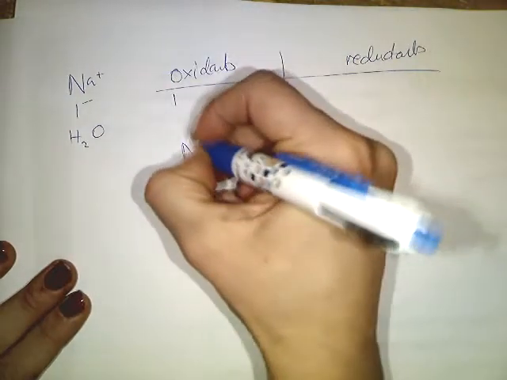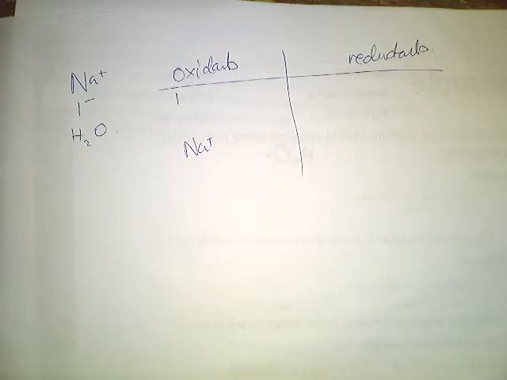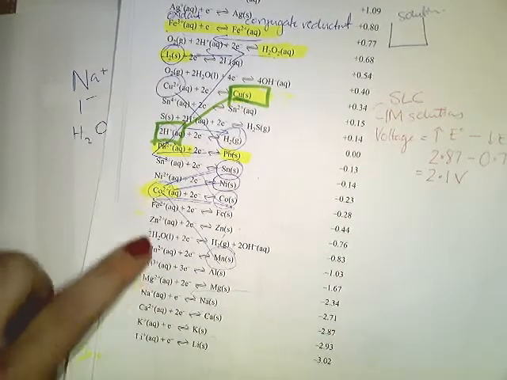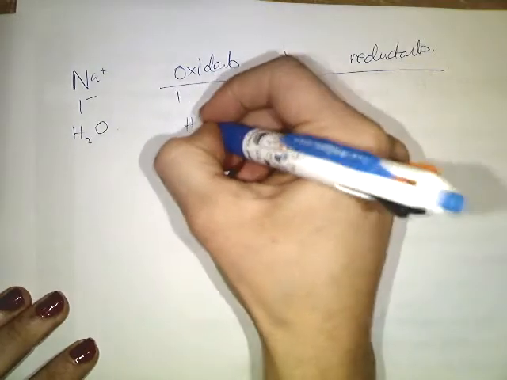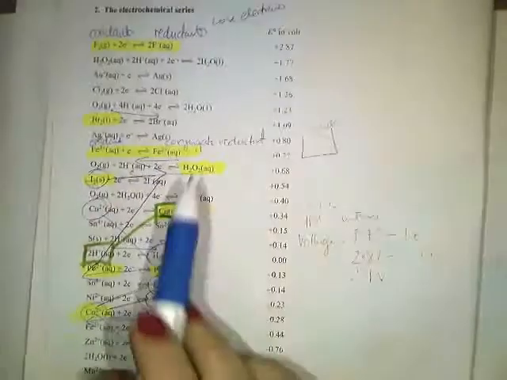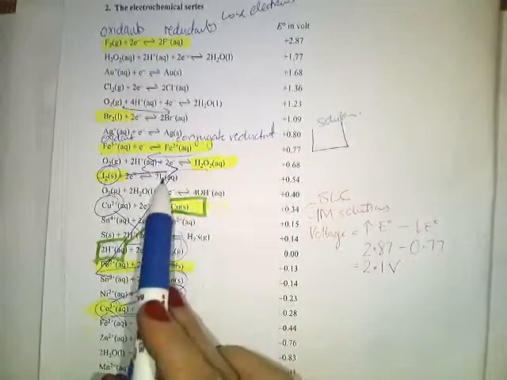Now, you do your oxidants. We've got Na+, and we've got water. Water's further up, so I always write it further up. And as our reductants, we've got iodide, and water, which is further up.